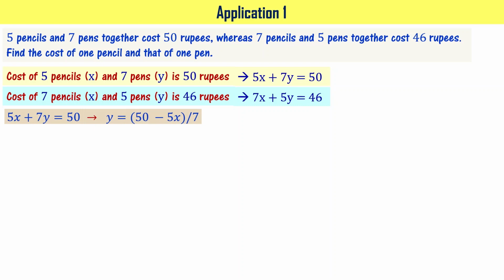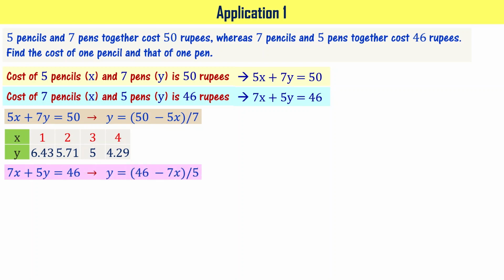Let's rearrange the first equation such that it can be written as y equal to (50 minus 5x) divided by 7. And let's tabulate data for this particular equation. When x equal to 1, y equal to 6.43, when x equal to 2, y equal to 5.71, when x equal to 3, y equal to 5, when x equal to 4, y equal to 4.29, right?